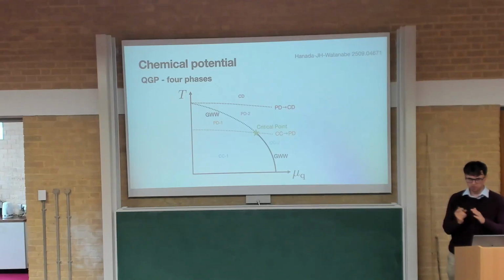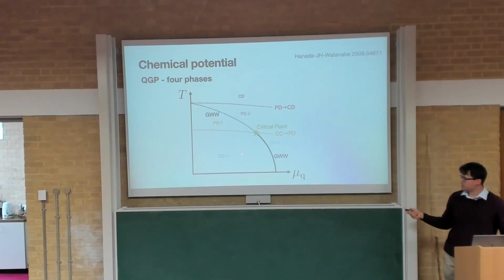So the crossover in our proposal is the partially deconfined phase. And then as you add chemical potential, you have to contend with the possibility of baryons condensing as well. That makes the story a bit more complicated. But the partially deconfined phase can exist in that case as well, we think.